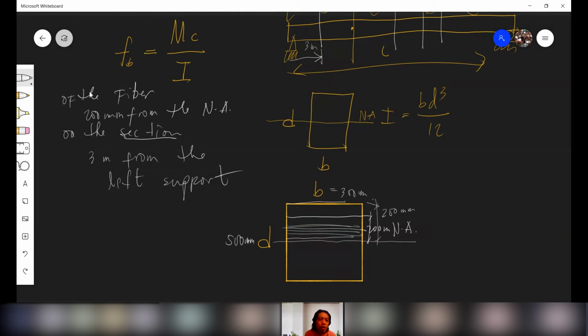So, ibig sabihin, kung ang consider nga fiber is this fiber, the fiber which is 200 mm from the neutral axis, what's your value of C? Di ba ang 200 mm mismo? Because C is the distance from the neutral axis to the fiber you are considering on the section where you want to solve for the value of the flexural stress.